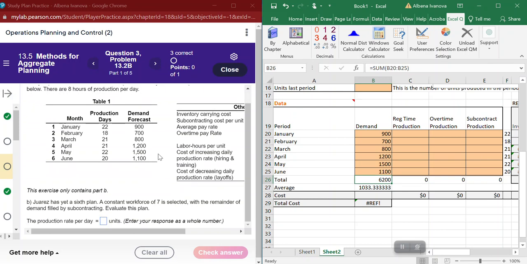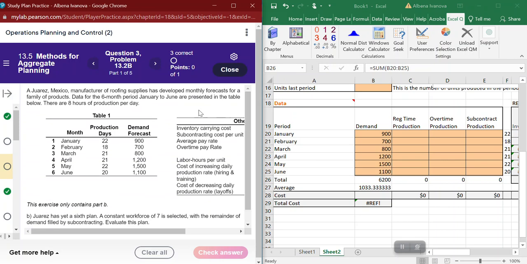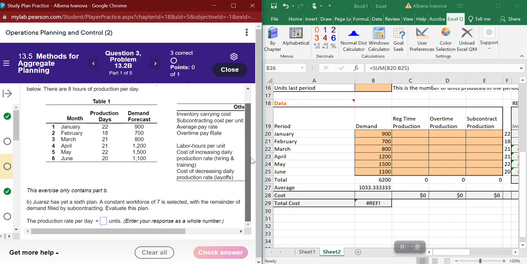So the first question that they ask is they have a constant workforce of 7 people and they work 8 hours per day. So they are trying to determine the production rate per day.